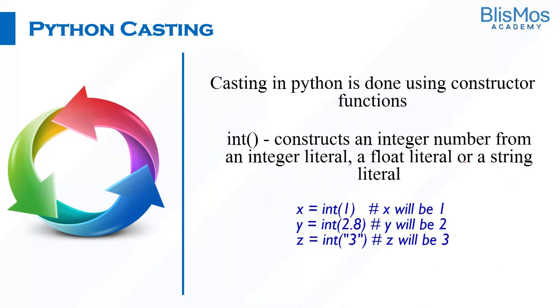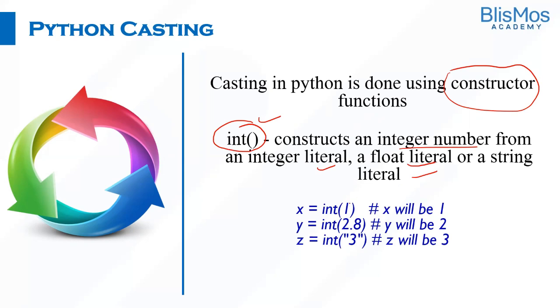If you want to cast in Python, we can do it with a constructor function. In this case, when we use the constructor function int, it constructs an integer number from an integer literal, a float literal, or even a string literal.